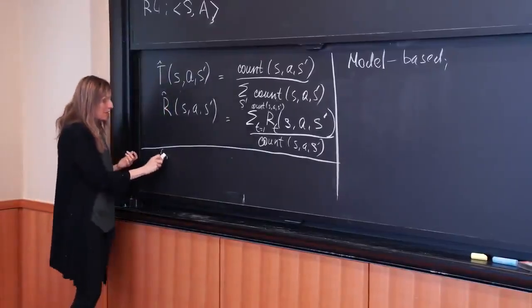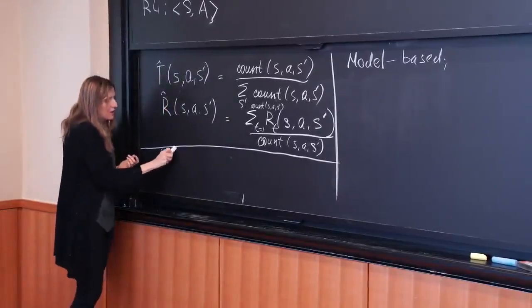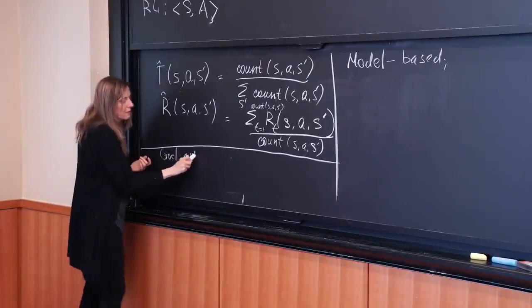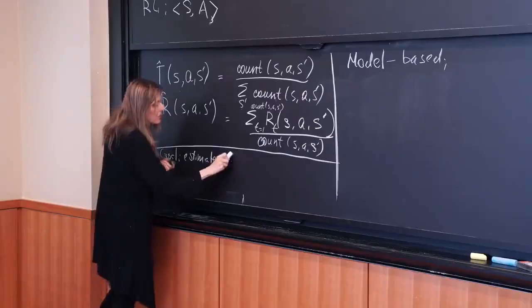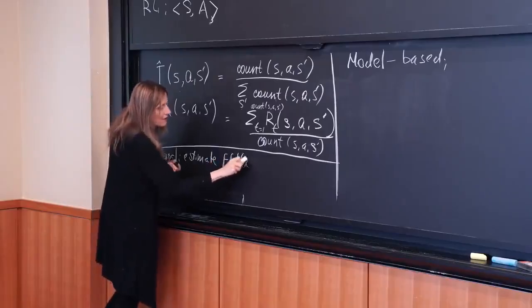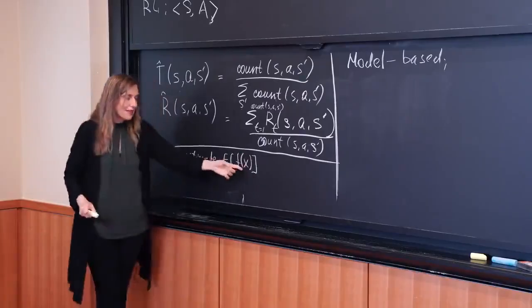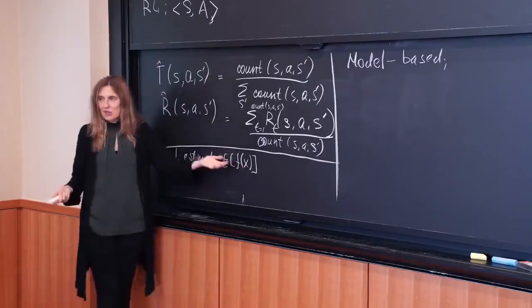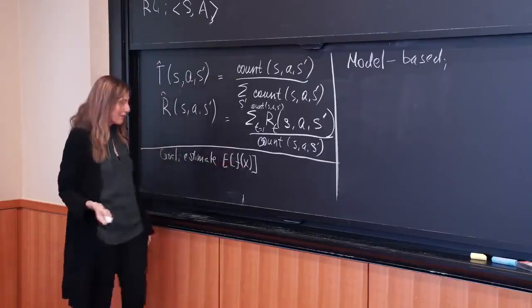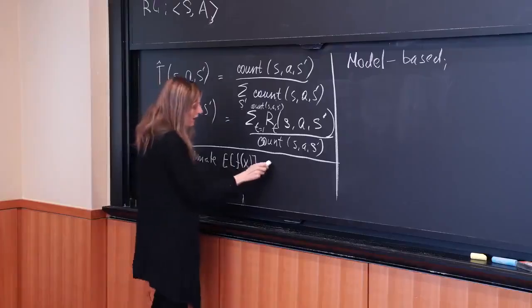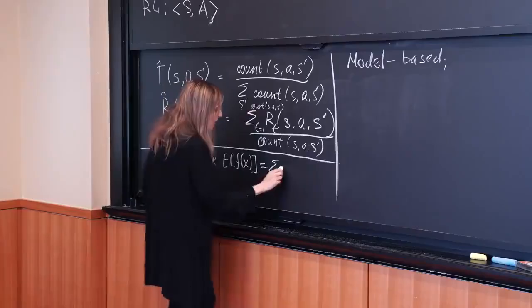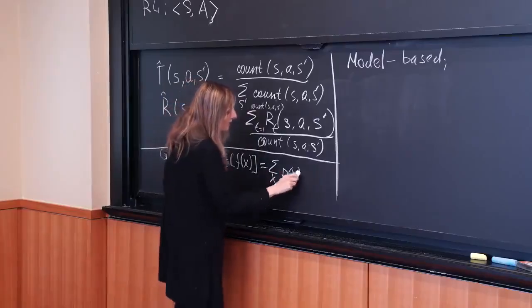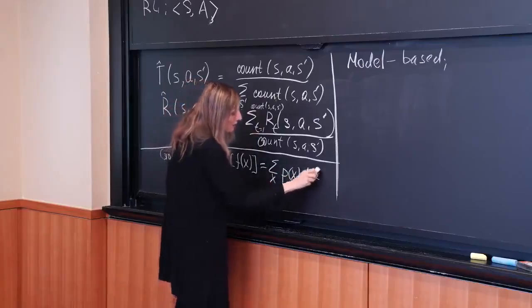My goal is to estimate the expected value of f(x). So again, x is a random variable, there is some function f, and we want to estimate the expected value. In this case, the expected value would be the probability of x multiplied by f(x).